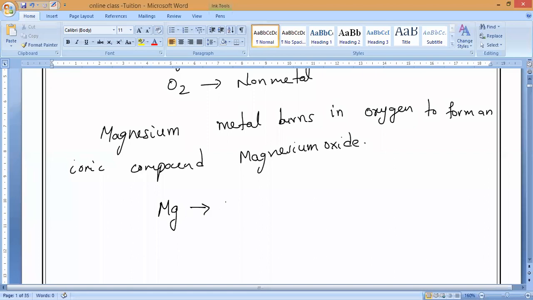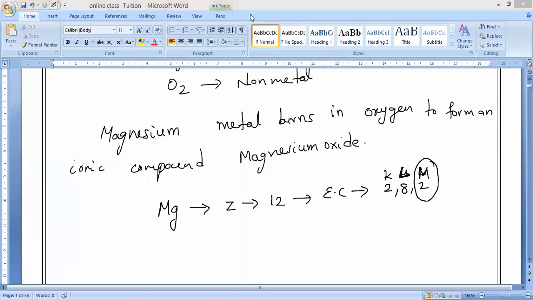Atomic number 12. What is the electronic configuration of magnesium? 2, 8, 2. What is the valence shell? K, L, M, so the M shell. How many electrons will it donate? 2 electrons.